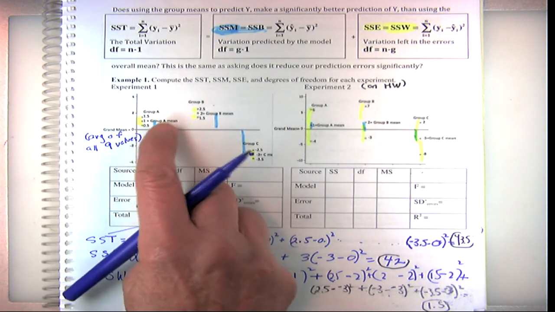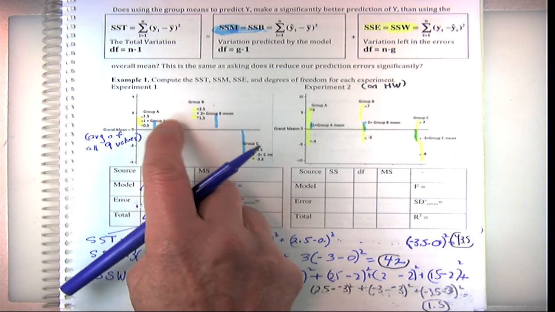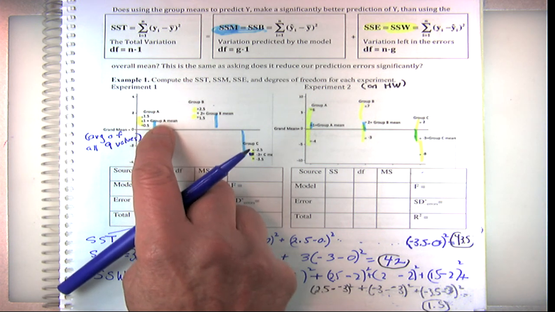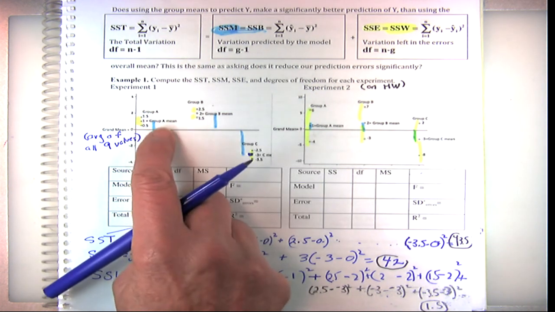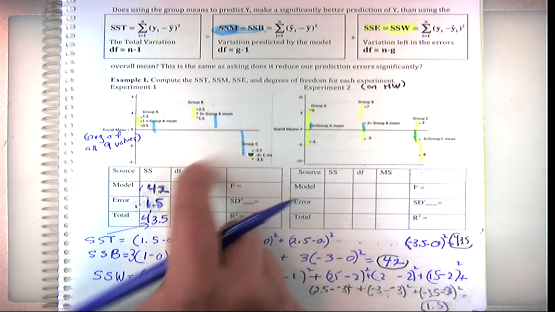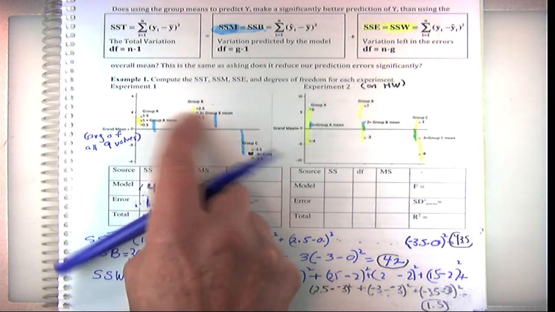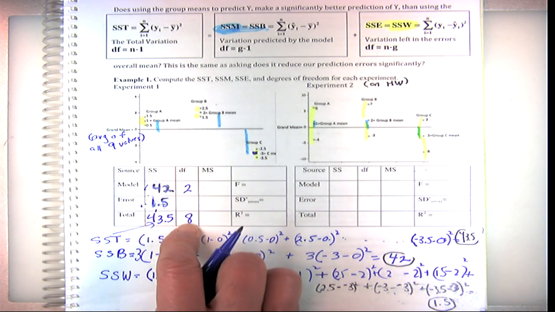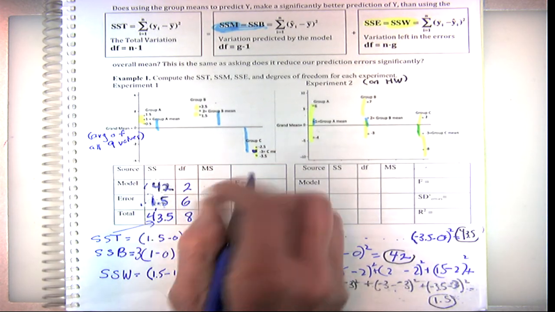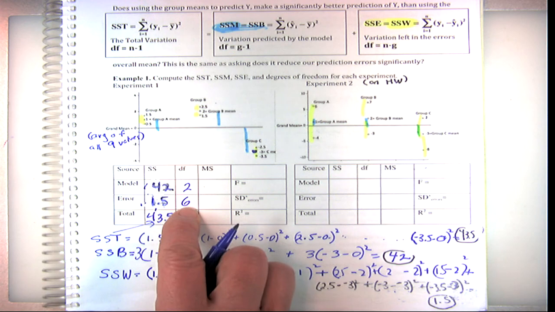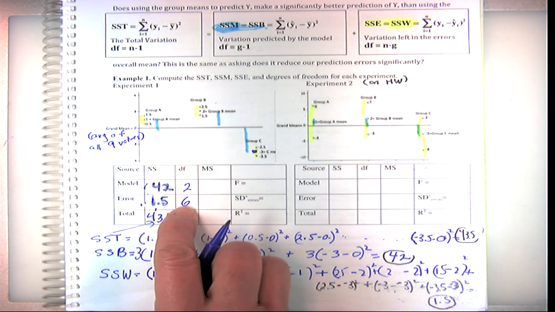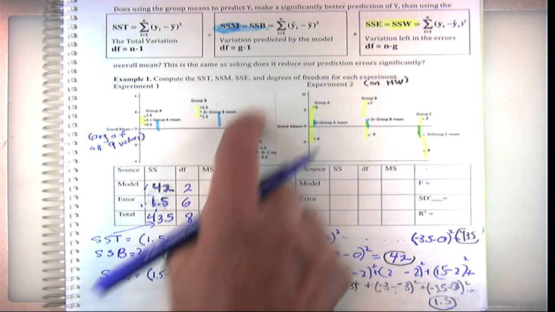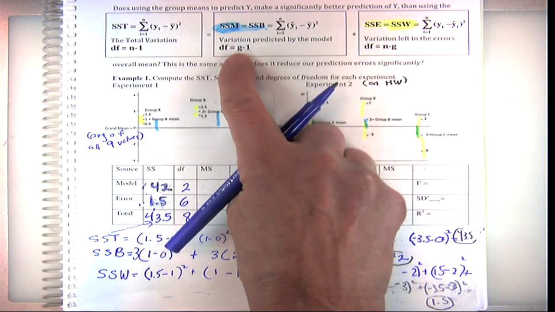Our model is predicting, it has these 3 parameters, these 3 group means we're making predictions based off of. So it's 3 minus 1, that's 2, and then they have to sum up to 8 here. And this is n minus the number of parameters, 9 minus 3. There's 3 groups, 3 parameters. There, I have it written there.